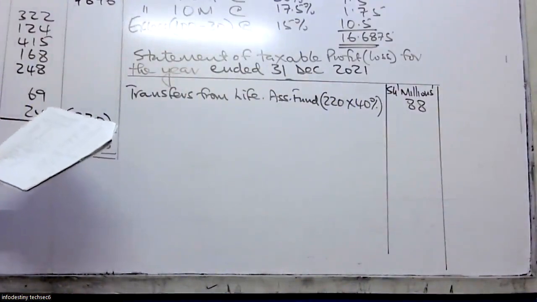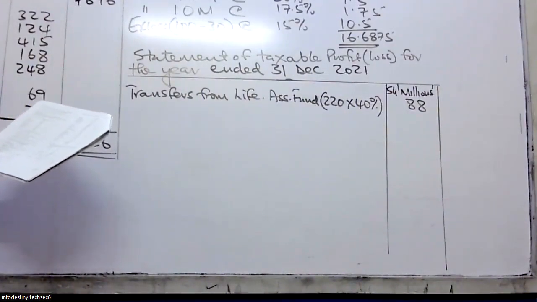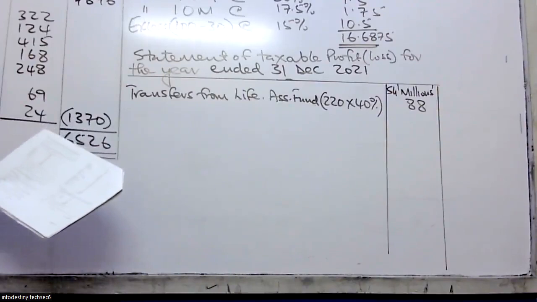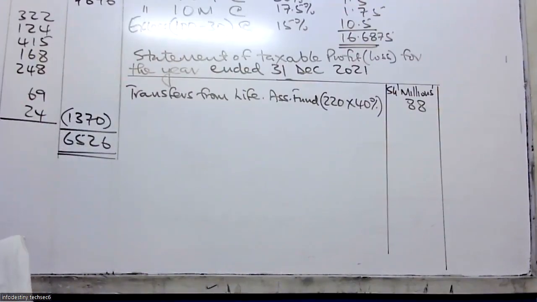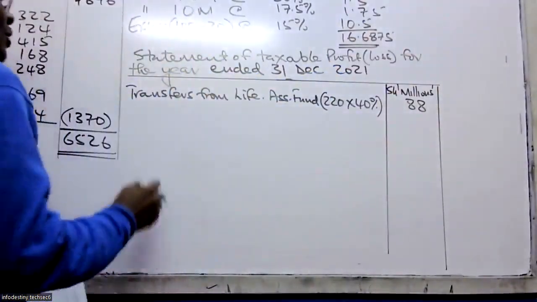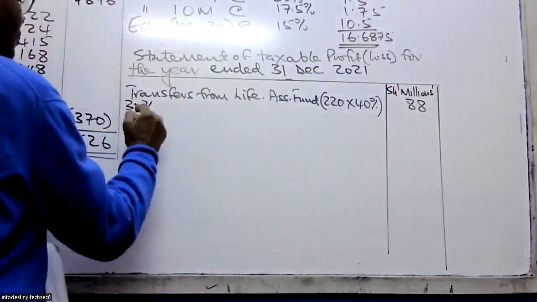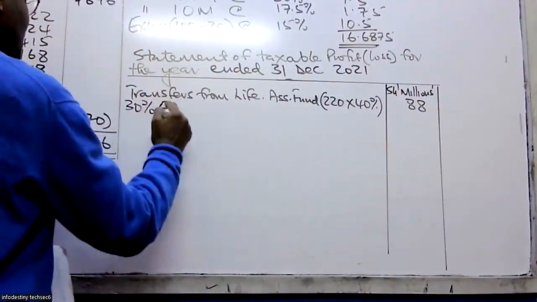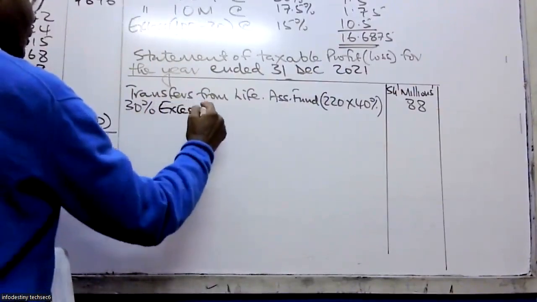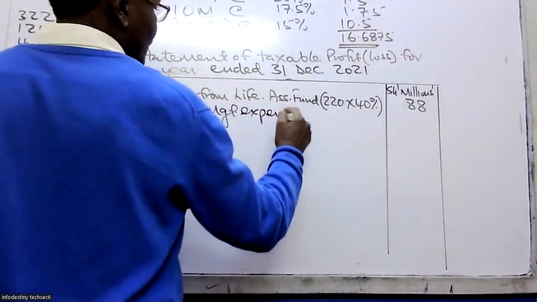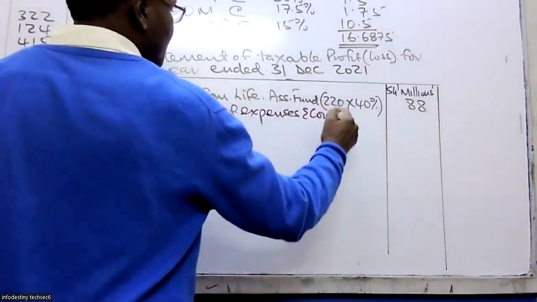Then management expenses was 40 million, commissions was 6 million. 40 plus 6 is 46. But what is permitted is only 16.6875. So you say 30% of excess management expenses and commissions.